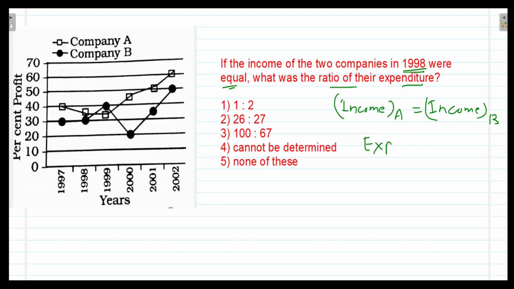We have to find the ratio of company A to that of company B. So here we have to find this ratio, where income A and income B are both equal.